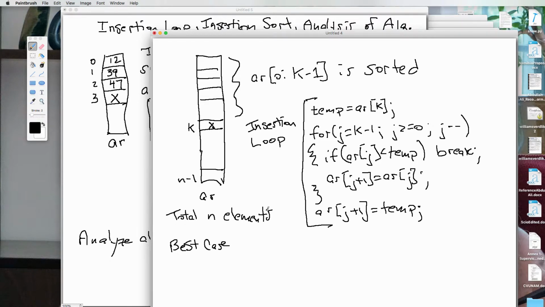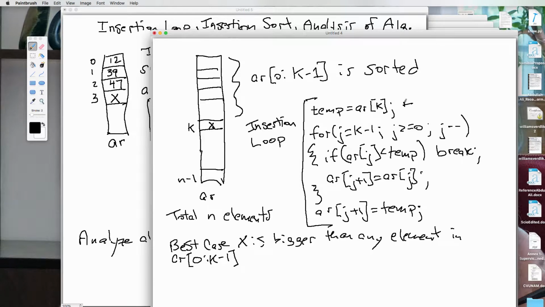the best case analysis would be that X is bigger than any element in AR from 0 up to K minus 1. And we can see that if we do that, this is going to be just like the other one.